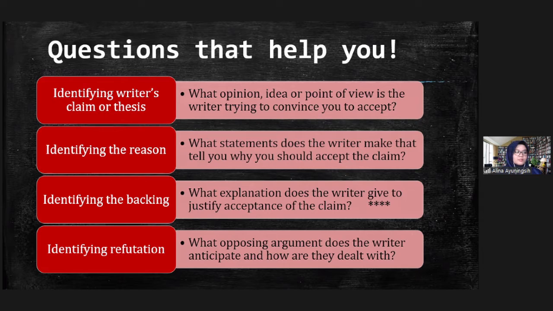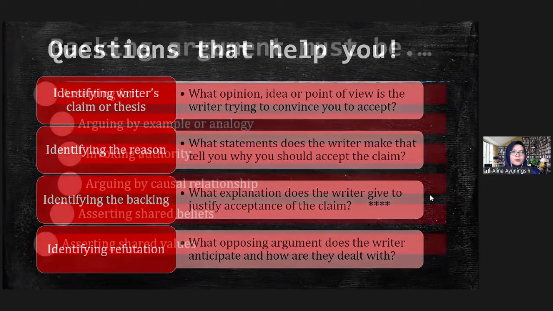Tapi kalau misalnya kita berhasil membuat refutation inside our argumentative essay, then it will boost our score. And I will show you an example of a good, acceptable refutation after this. So let's just talk about the backing first.